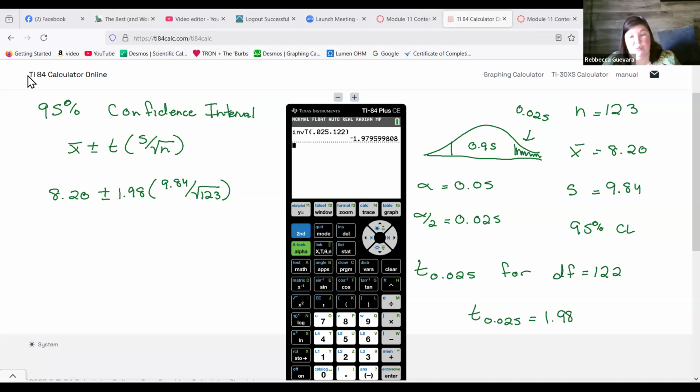So my margin of error is 1.98 times 9.84 divided by the square root of 123.